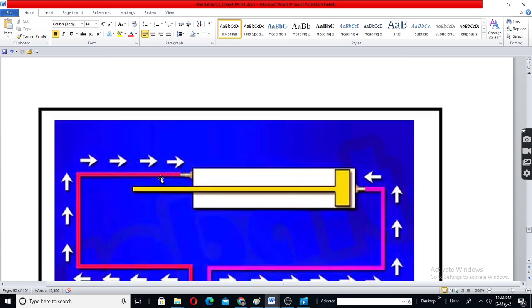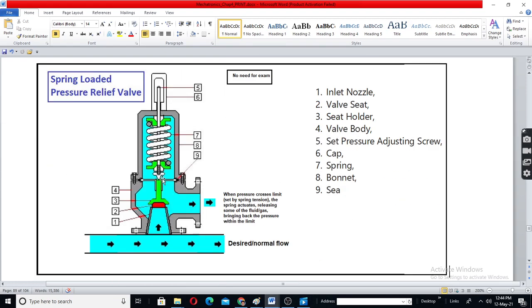See here, you have what is called a pressure relief valve. This is a normal flow, say reservoir or receiver, whatever it is. On the top of this or in that path, you will fix a valve like this, which is loaded by spring.